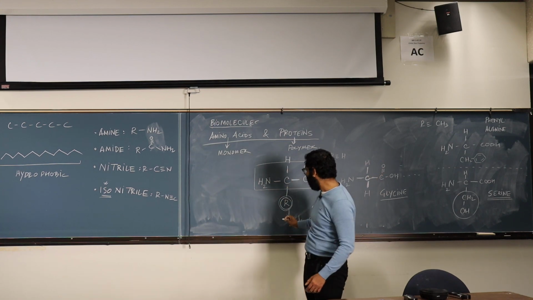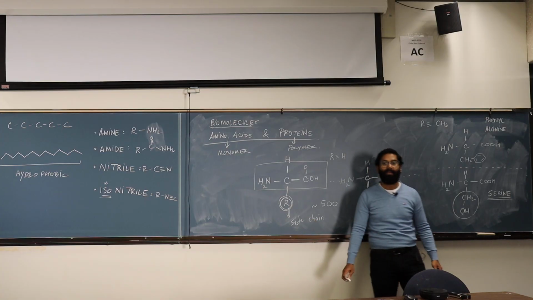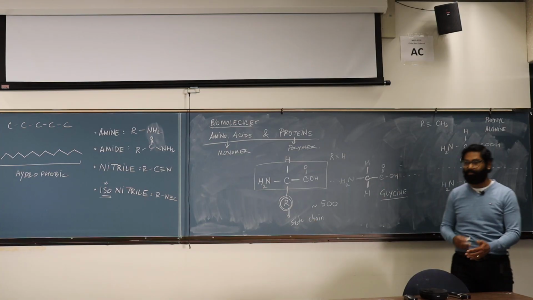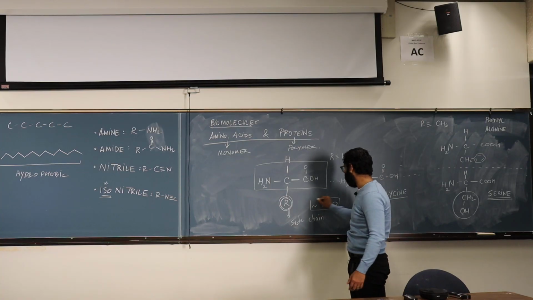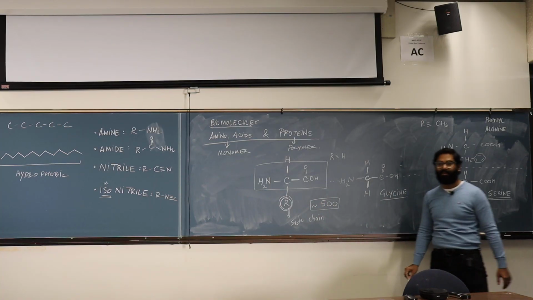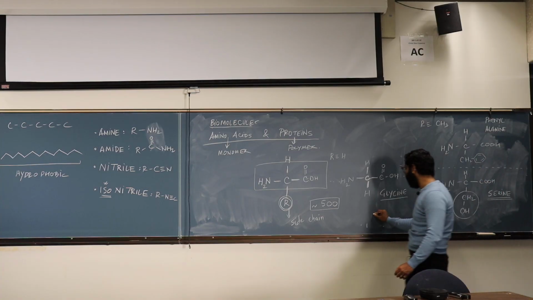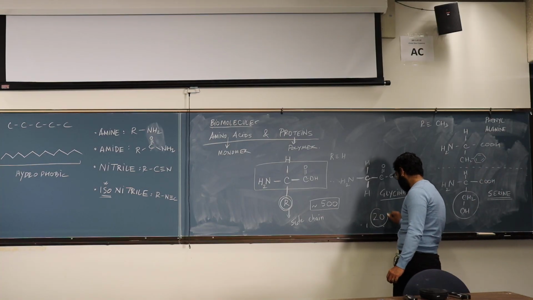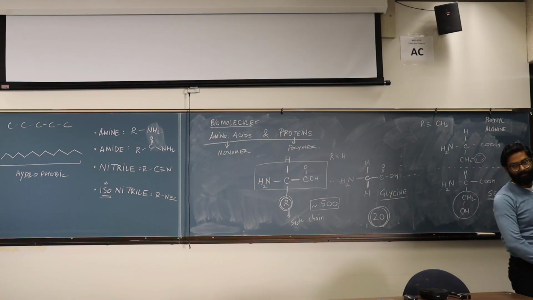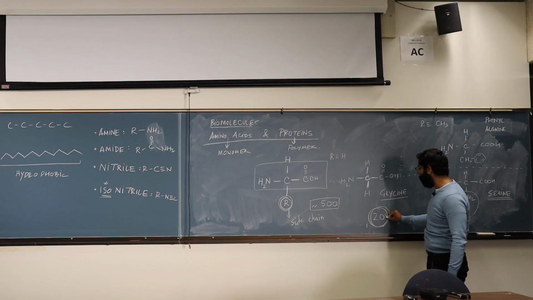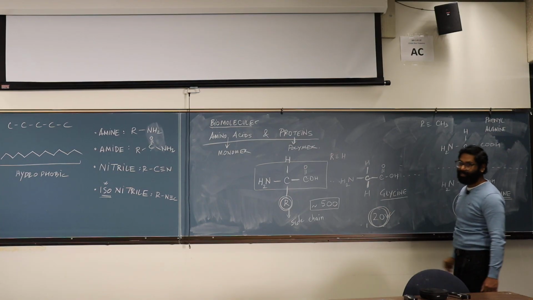So this side chain controls the properties of the amino acids, right? So you can have different kinds. There are about 500 known amino acids. Out of these 500, only 20 amino acids are known to be important for life. So for life, we only need 20 amino acids.